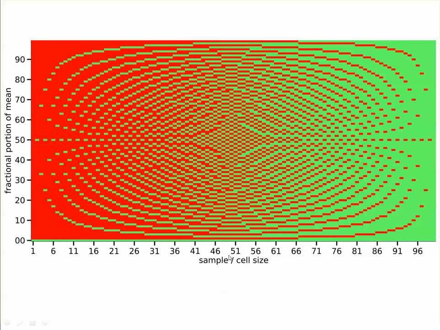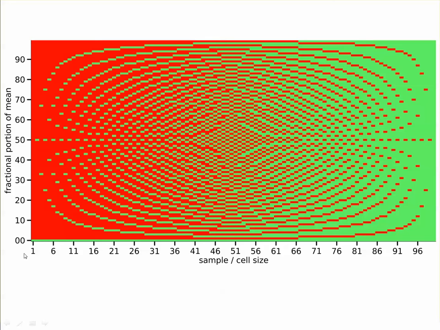Okay, so let's look at this graph to help illustrate the GRIM test. What I have on the x-axis is sample sizes 1 through 100, and then on the y-axis I have two decimal places. So this would be 0.00, 0.10, and it goes all the way up to 0.99.